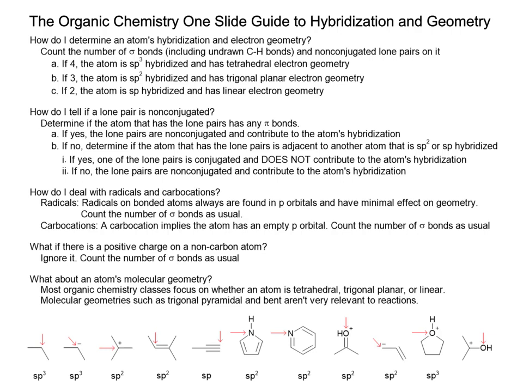So that means that one of the lone pairs on the oxygen, since it's adjacent to a p orbital, must be in the p orbital itself. It's conjugated, and therefore it does not contribute to the hybridization. So in other words, we have 1 lone pair that does contribute, 1 sigma bond to a carbon, 1 sigma bond to a hydrogen. So that gives us 3 total, so it's sp2 hybridized.